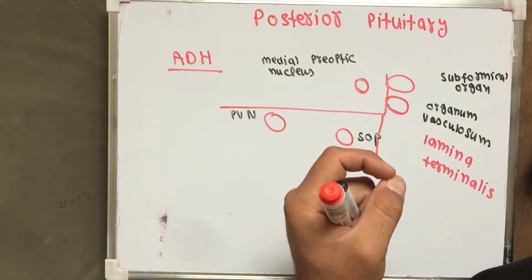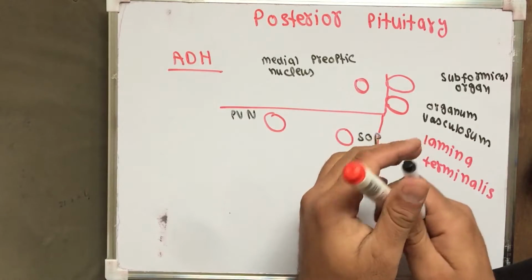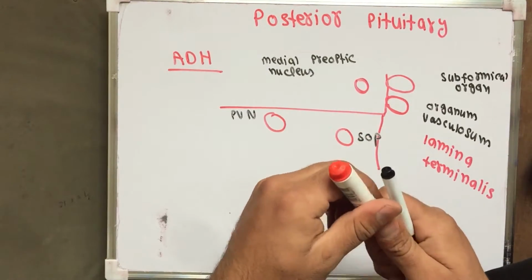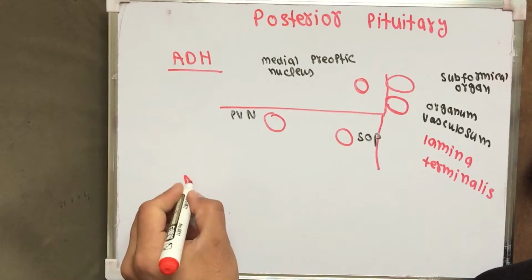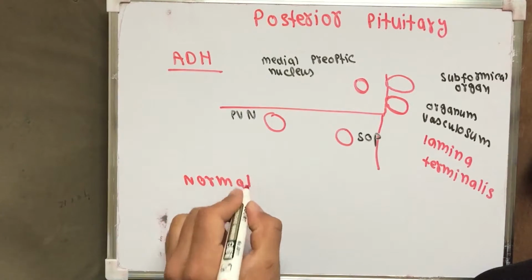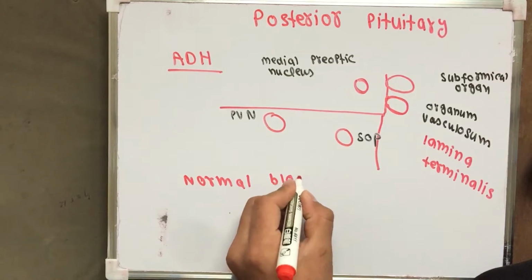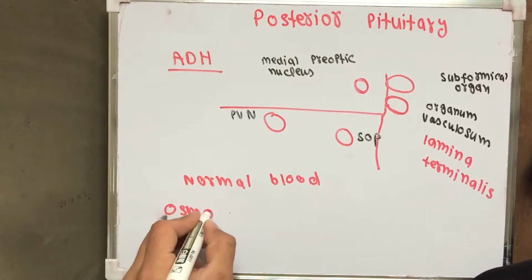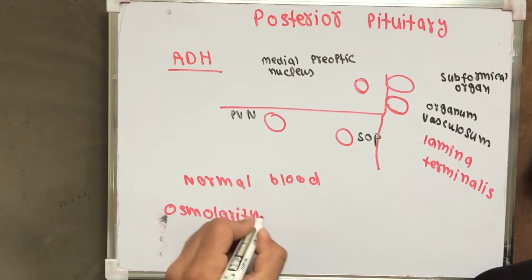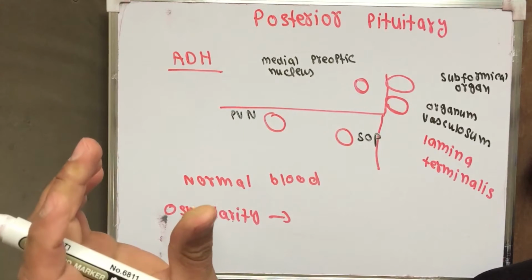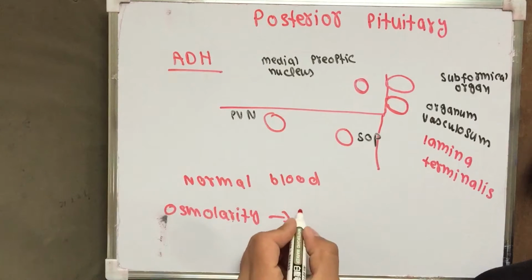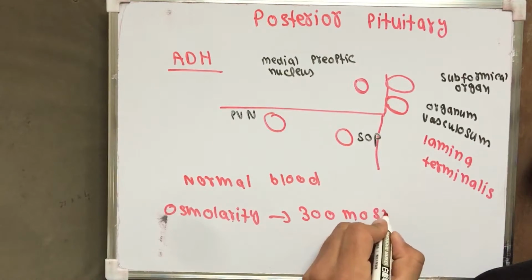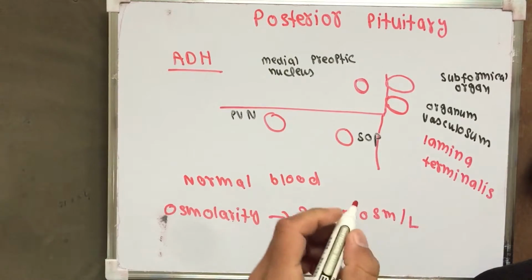So normally we know that the osmolarity of blood is about 300 milliosmol per liter.